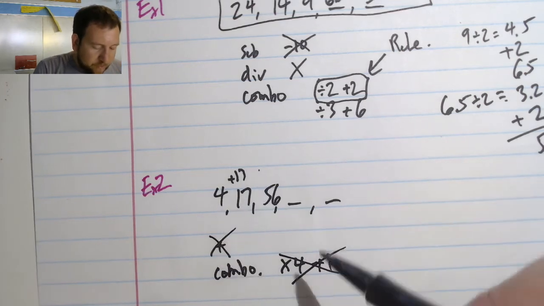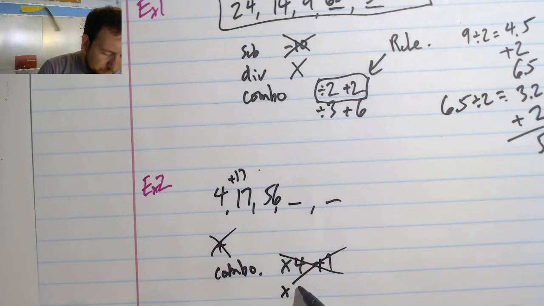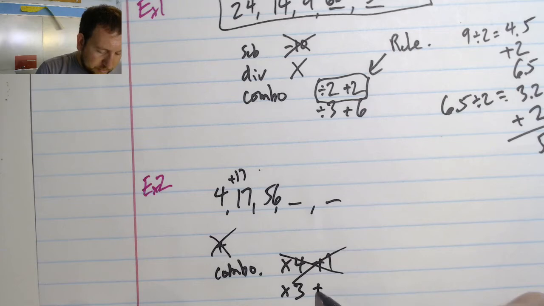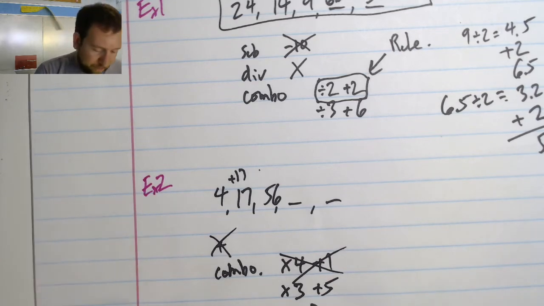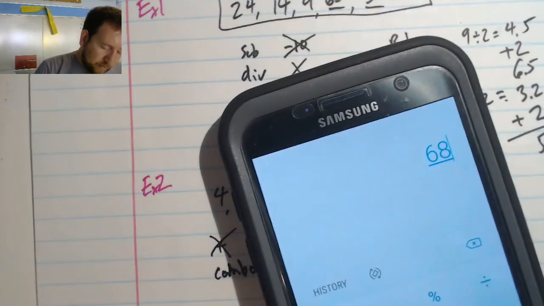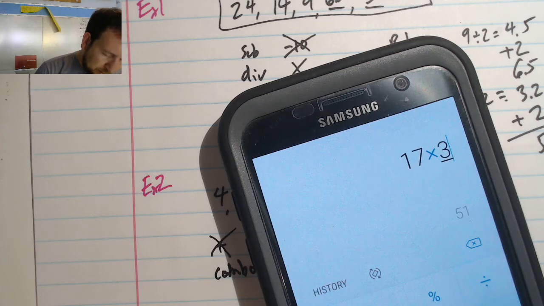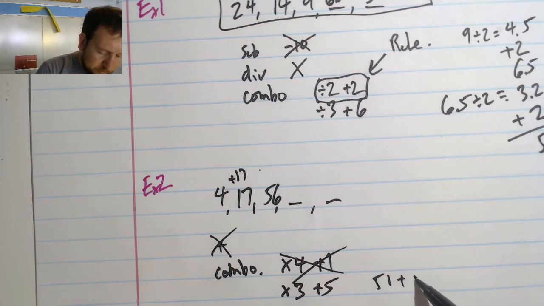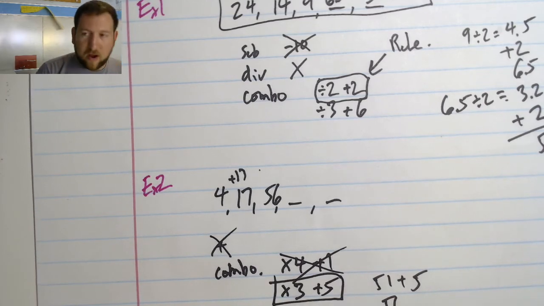Let's see. What if we go over? Let's do a times, and that was too big. Let's do a times 3. 4 times 3 is 12 plus 5. Well, let's try that. 17 times 3. 17 times 3 is 51, and 51 plus 5 is 56. So this is our rule.